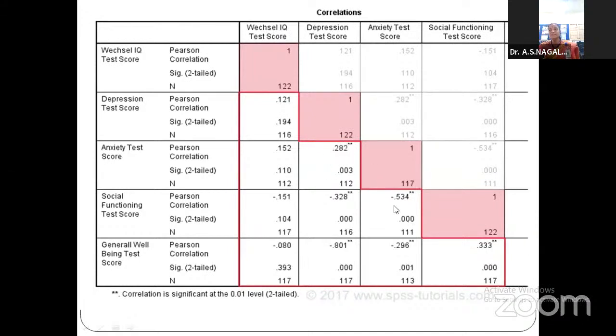So when this value is near to 1, that says there is a strong relation. See the value which is more than 0.5, you can see the significance two-tailed, which is 0.000. This is called the p value. The p value is significant at the 1% level.